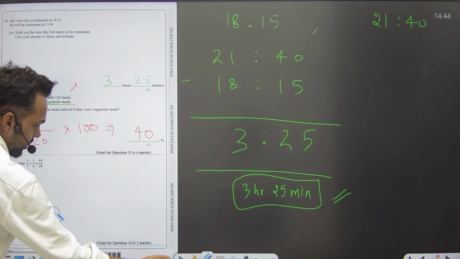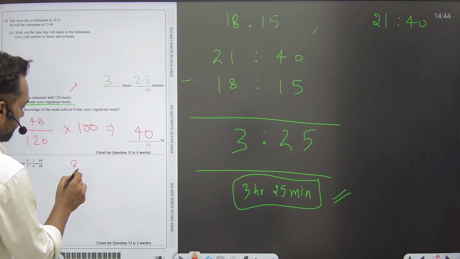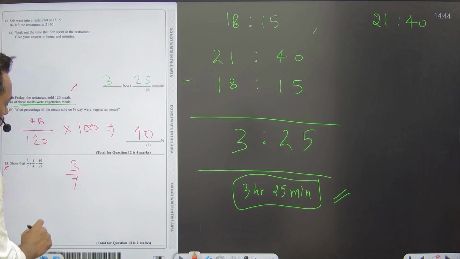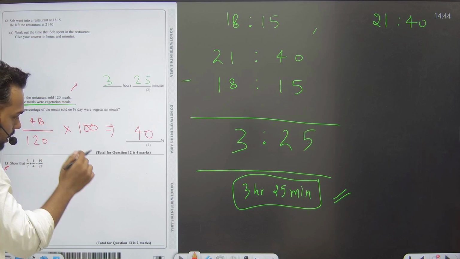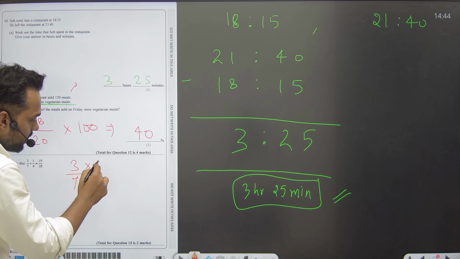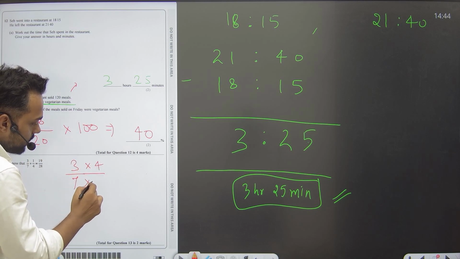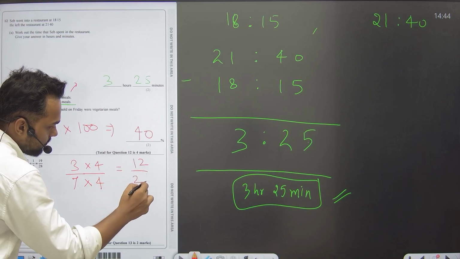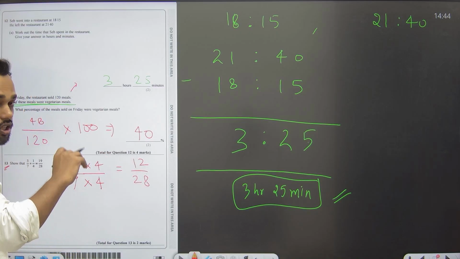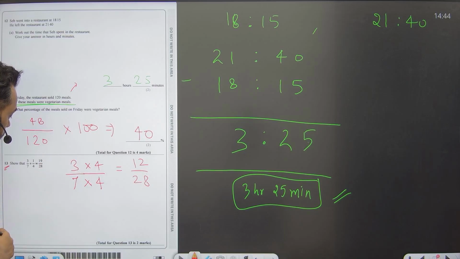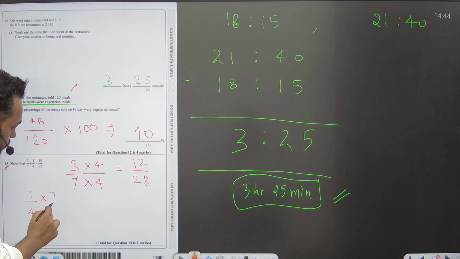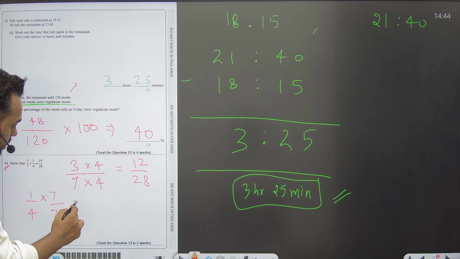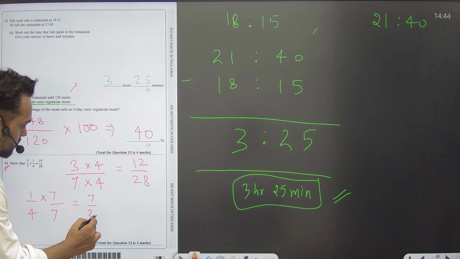Let's start again, students. See, for 3 by 7, if we are multiplying 4 in the numerator and 4 in the denominator, what will we get? 12 by 28. We are making the denominators common here. For 1 by 4, if we are multiplying 7 in the numerator and 7 in the denominator, you will get 7 by 28.